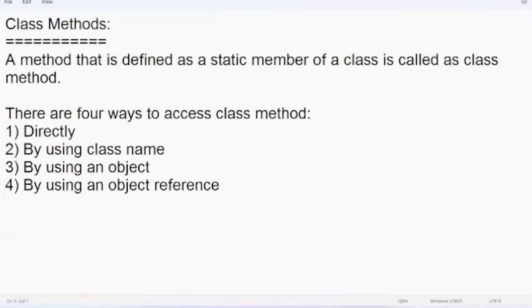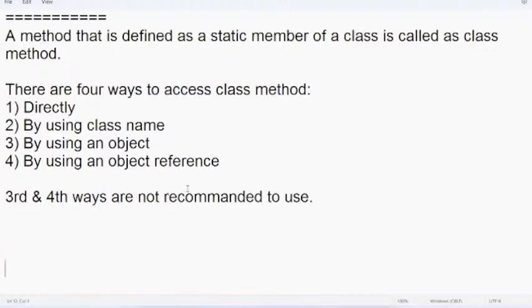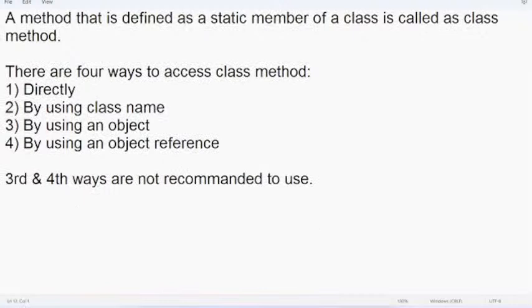But in general, third and fourth ways are not recommended to use for class methods. So if a class method is there, don't use object, don't use object reference. Use directly, use class name.